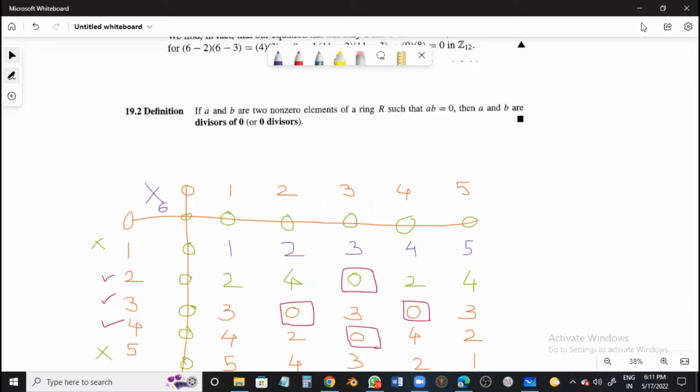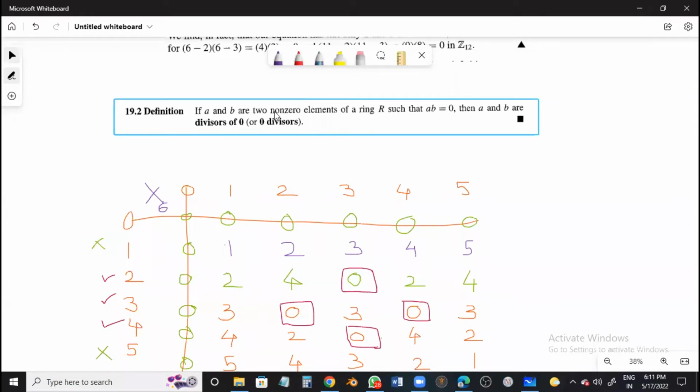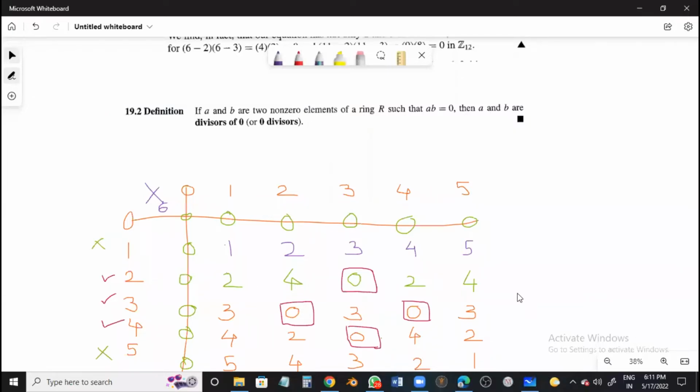So hello all. Up till now we have seen divisors of 0. By divisors of 0 what I mean is, though A and B both are non-zero elements, if their product happens to be 0, we say that A and B are divisors of 0.